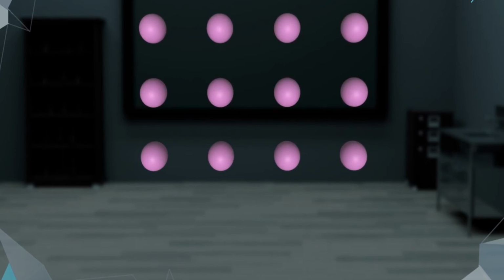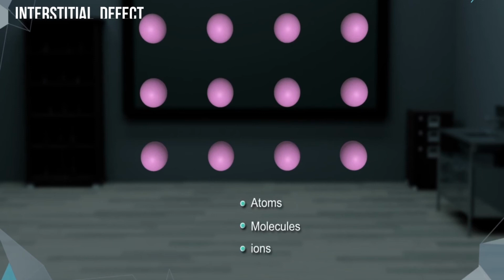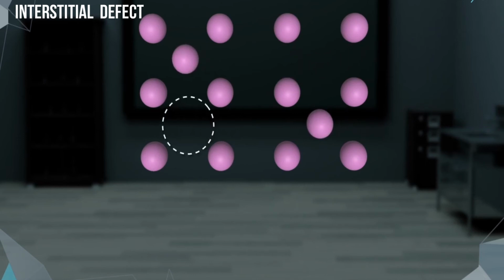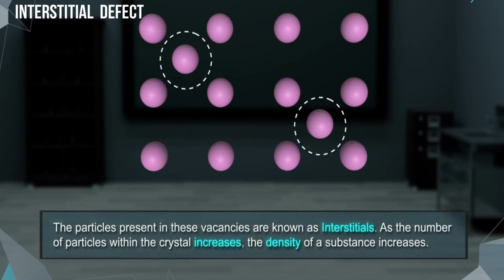Interstitial defect. When some constituent particles, atoms or molecules, occupy an interstitial site, the crystal is said to have an interstitial defect. Here, these are the interstitial sites and the atoms or molecules occupying them. This defect increases the density of the substance.